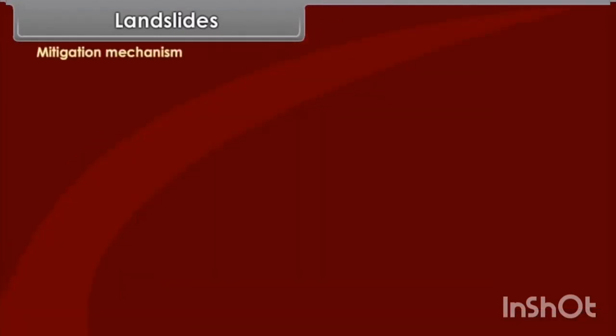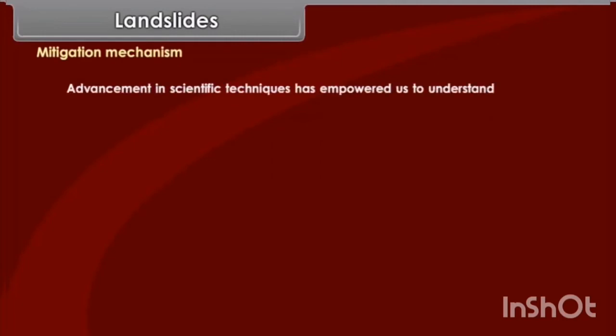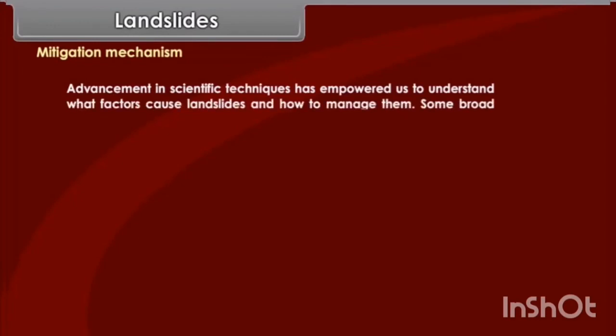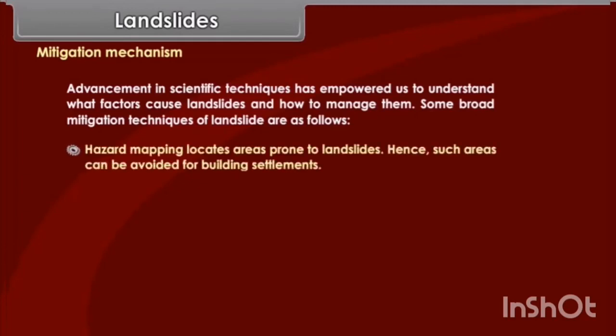Mitigation mechanism. Advancement in scientific techniques has empowered us to understand what factors cause landslides and how to manage them. Some broad mitigation techniques of landslide are as follows. Hazard mapping locates areas prone to landslides.